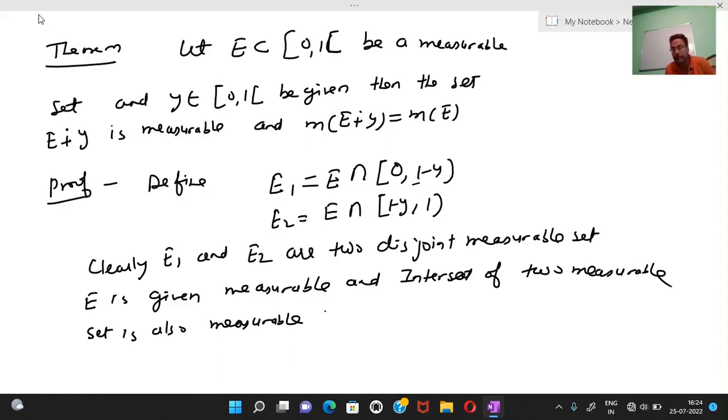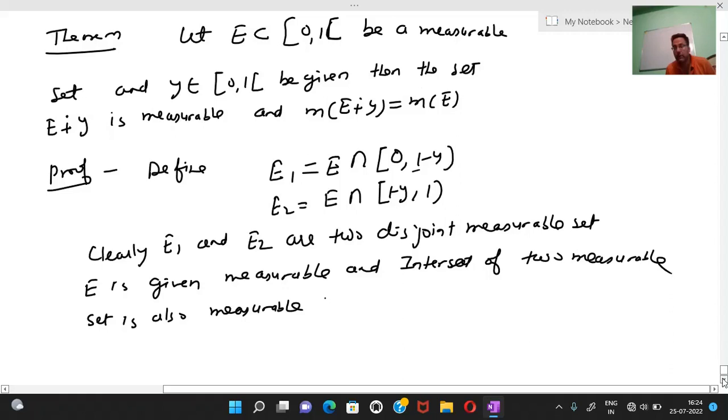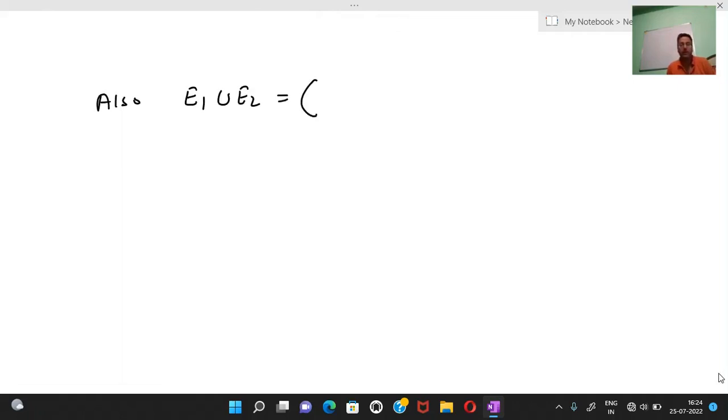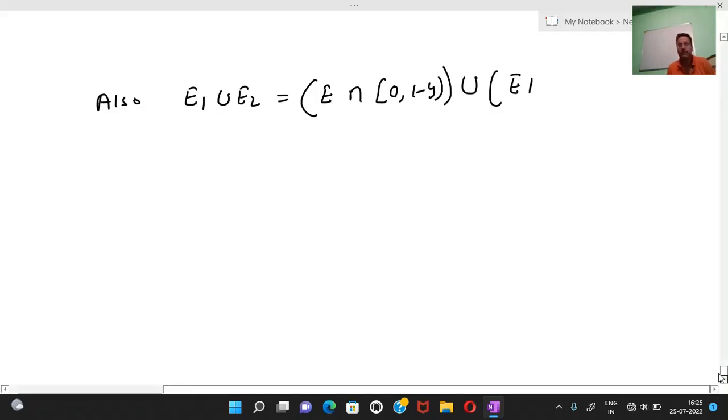Also, let's take E1 union E2. We have written E1 as E intersection [0, 1 minus y), and union E2, which is E intersection [1 minus y, 1).